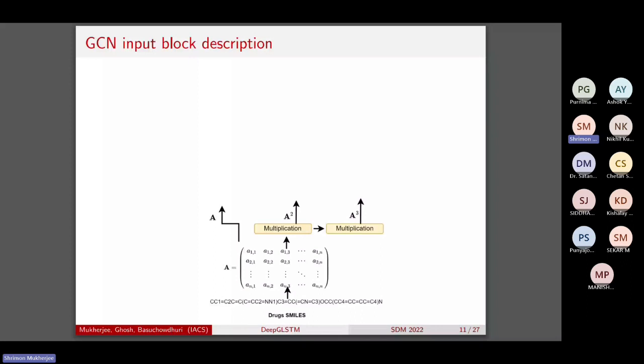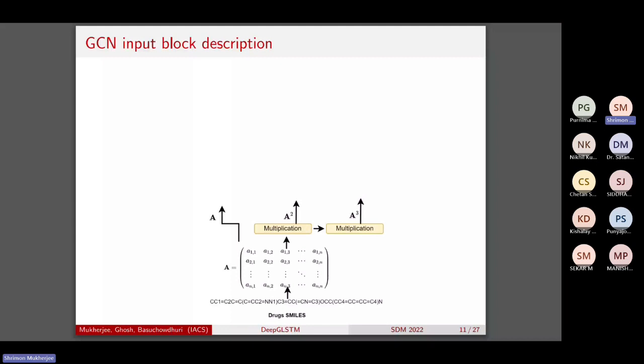What the GCN does is it takes the source node's embedding and updates it by getting the neighborhood nodes' embedding information. So this is the way the GCN works, and this is the main motivation for why we applied it in our first block, that is the input block of the drug encoder.